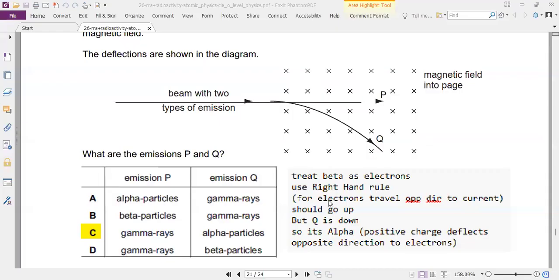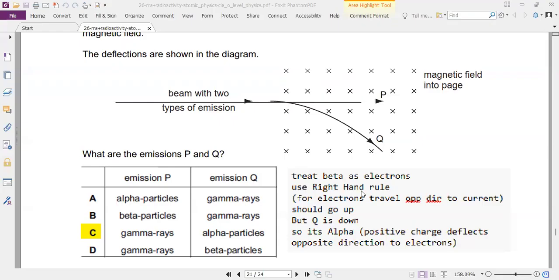Yeah, I think there is a little mistake here, because when we place our third finger from left to right, our thumb should be downwards.